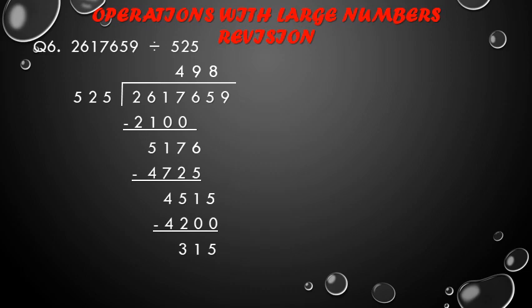315. Now we will carry down 9, and now the number formed is 3159. So now let us divide 3159 by 525.